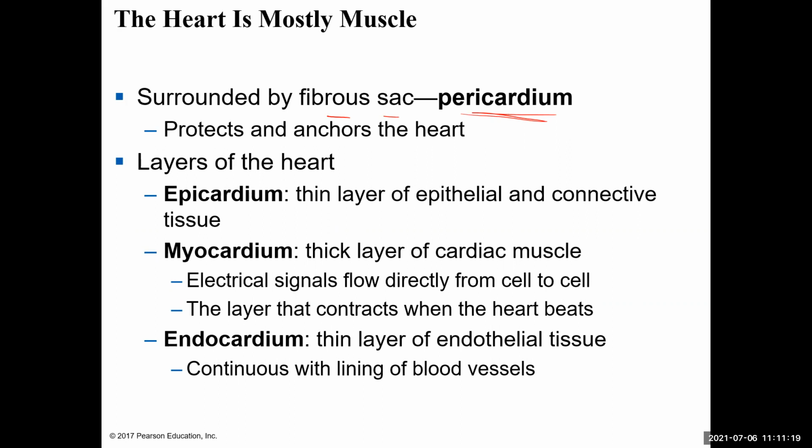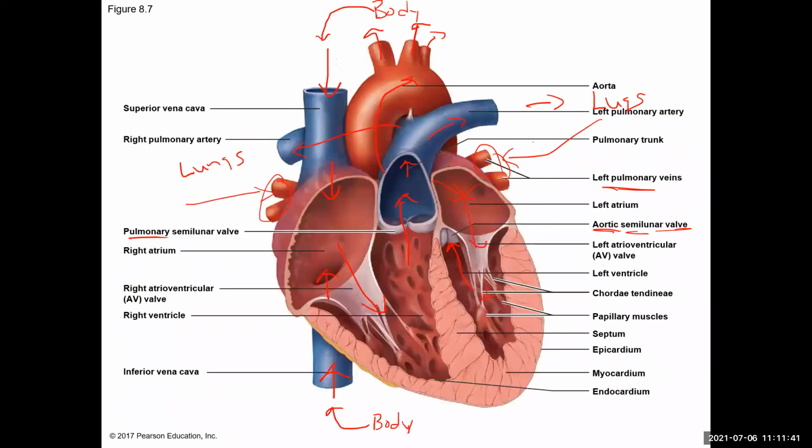And as we've already mentioned, there are 3 layers of the heart. You have the epicardium, myocardium, and endocardium. So the epicardium is on the outside of the heart. The myocardium is that thick layer of cardiac muscle that separates the chambers, the septum, and also this thicker layer here.